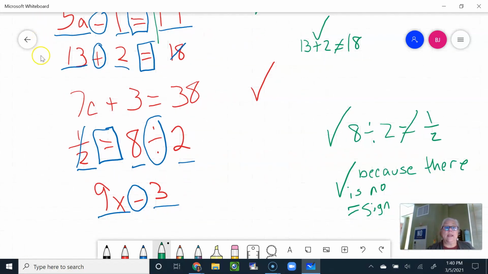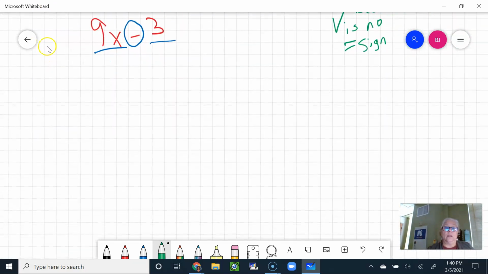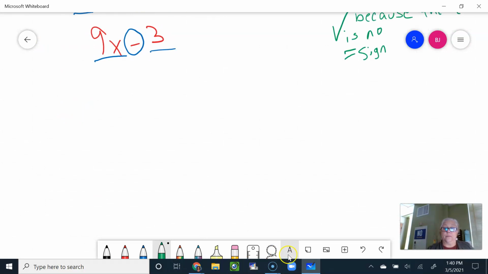I'm going to give you something to write down. If I were to say 9x minus 3 equals 27, explain why this is an equation. Looks a lot like this one up here. Explain why it is an equation.